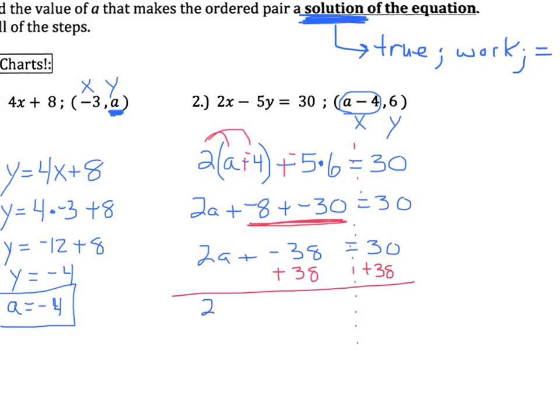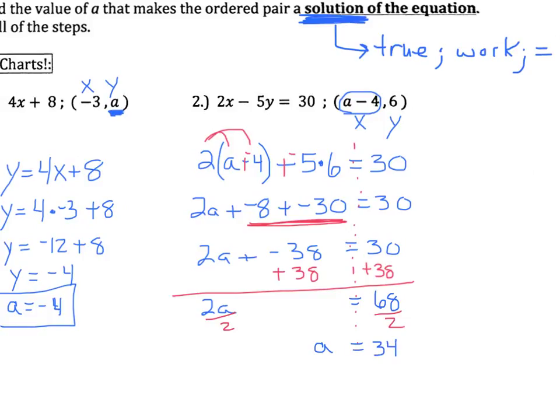Bring down your 2a. These two are gone because they turn into 0. Negative 38 and positive 38 is 0. 30 plus 38 is 68. Almost there. Divide both sides by 2. And you get a equals 34.